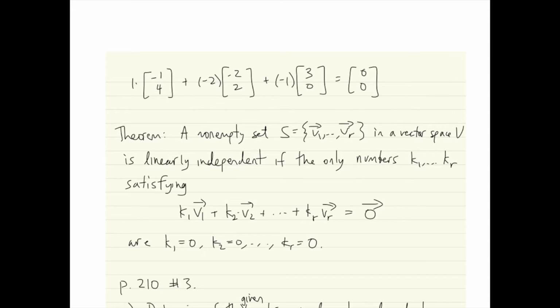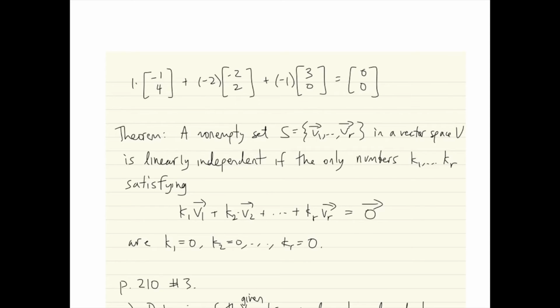And this gives rise to a simple theorem: a non-empty set of vectors is linearly independent if the only numbers k1 up to kr that satisfy k1 times v1 plus k2 times v2 all the way up to kr times vr equaling 0 are k1, k2, k3, up to kr all 0.